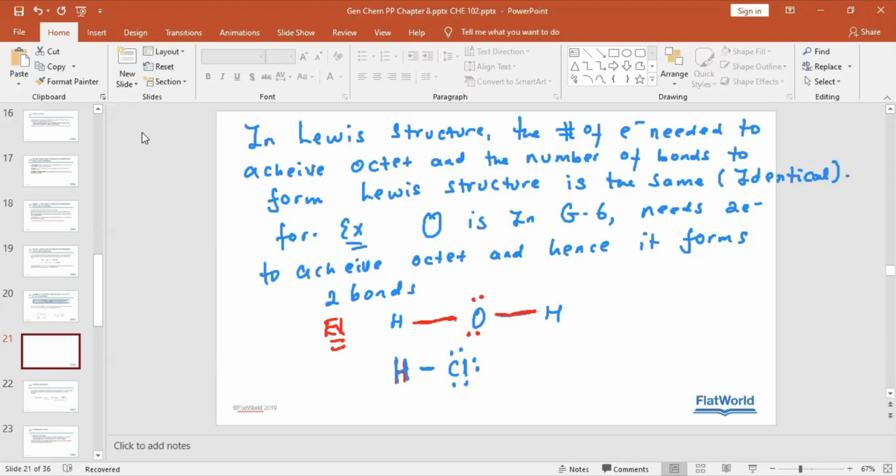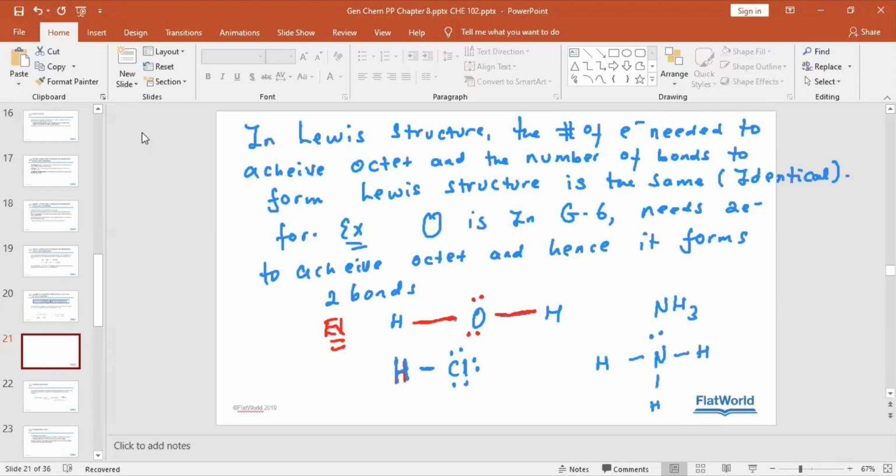This also can be extended to other elements like nitrogen. Nitrogen forms bonds with hydrogen. If you have NH3, for example, with nitrogen as the central atom, it requires 3 bonds here. Why does nitrogen require 3 bonds? Again, go back and look at the periodic table.